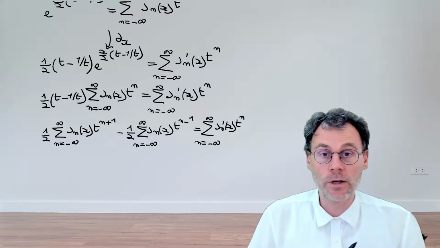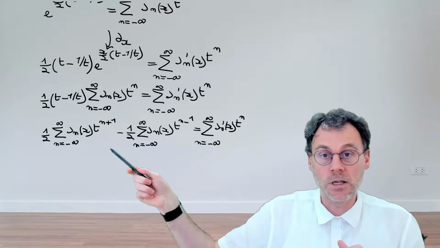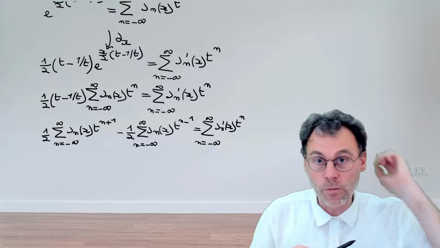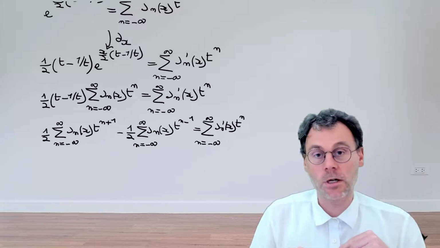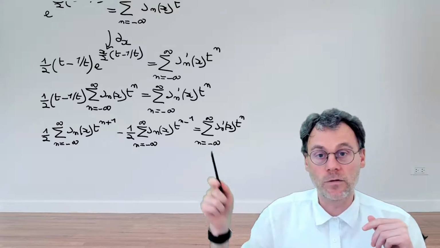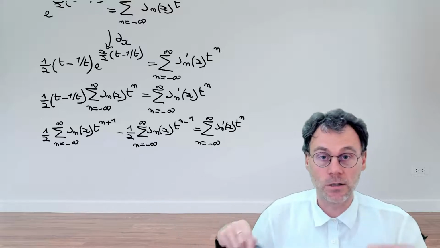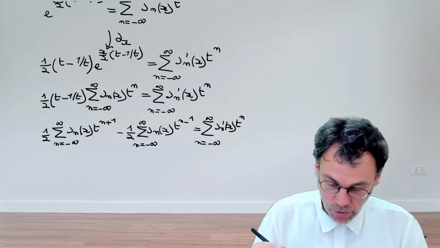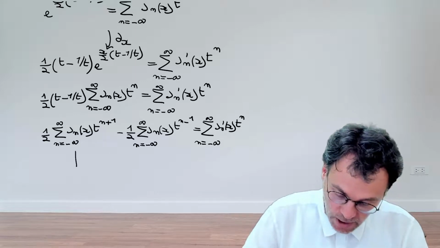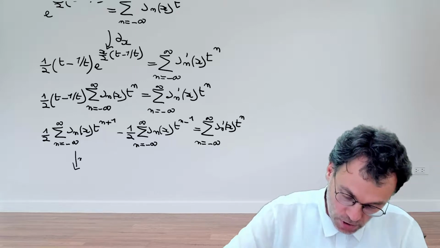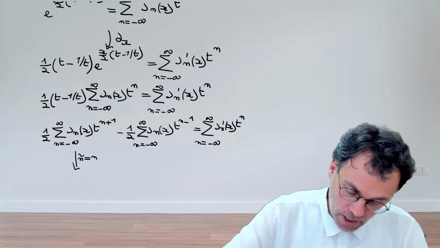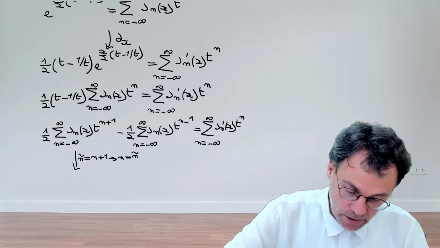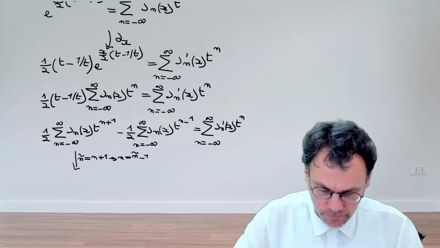Obviously, our goal will be to identify like powers of t such that we can recover the recurrence relationship. But in order to make that a little bit more straightforward, it would be easier if in each of these three series expansions we just had t to the power of n. And that's not exactly the case yet, but that's easy to fix. Here we just make the substitution n tilde equal to n plus 1, which obviously means that n is equal to n tilde minus 1, right?